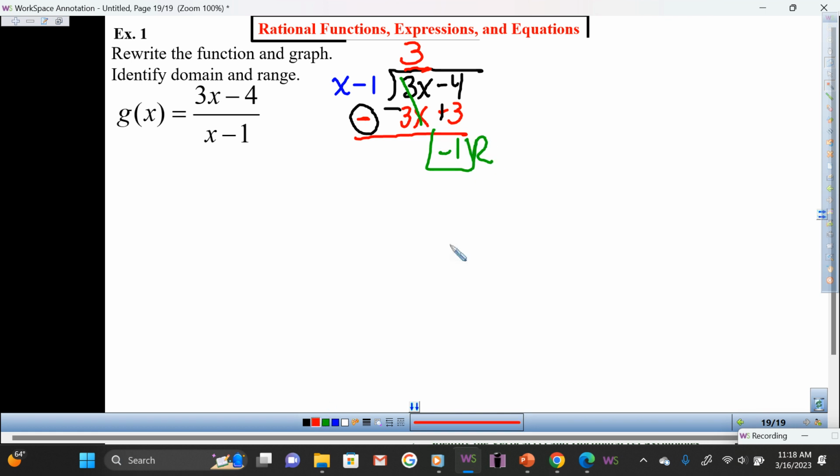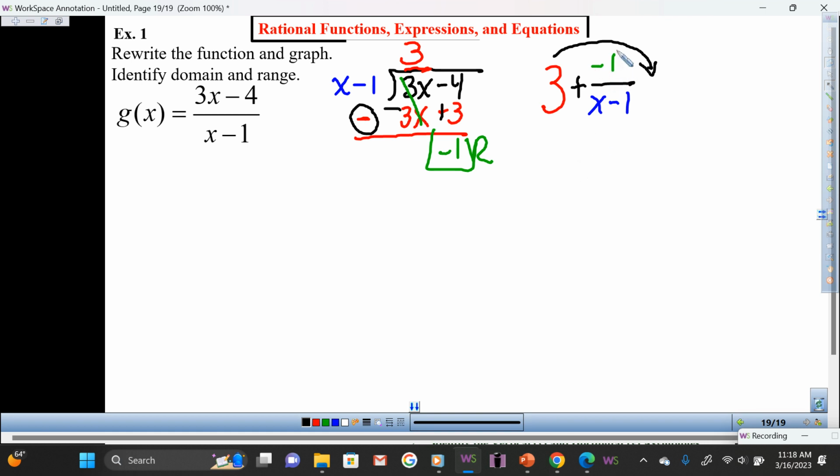So what is our answer? Our answer is a big 3 plus a fraction. What goes on top? -1. And what's our divisor? x minus 1. Okay. However, according to commutative property, can we send the 3 backwards? Yes, so then we rewrite this. Now look up.